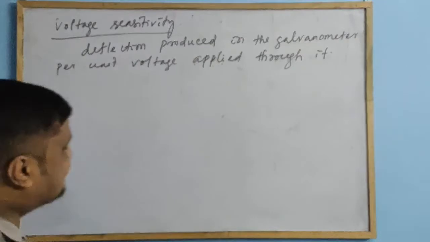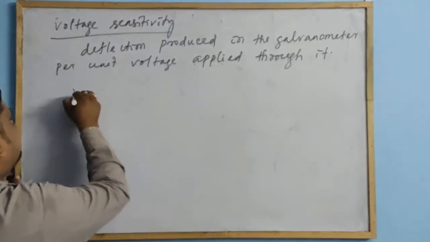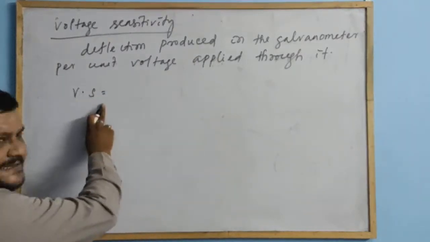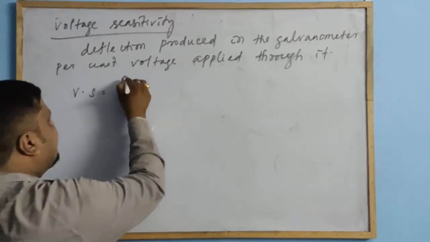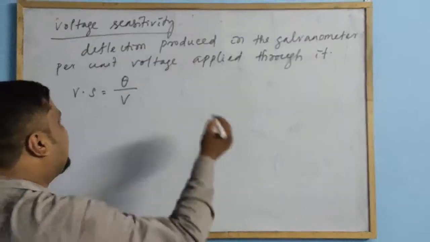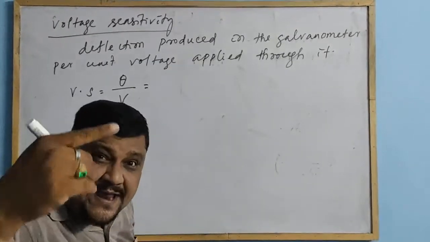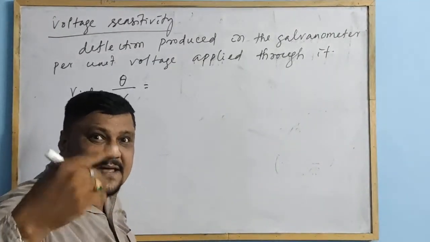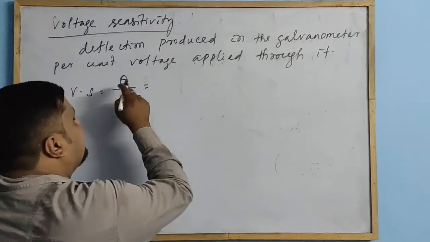Then we can write the voltage sensitivity VS is equal to the deflection theta per V. As you know, V is equal to IR, where R is the resistance of the coil through which the current flows in the galvanometer.